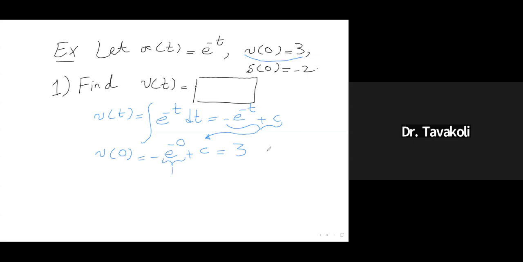So minus 1 plus c is 3, meaning that c is 4. So v of t is minus e to the power of minus t plus 4.